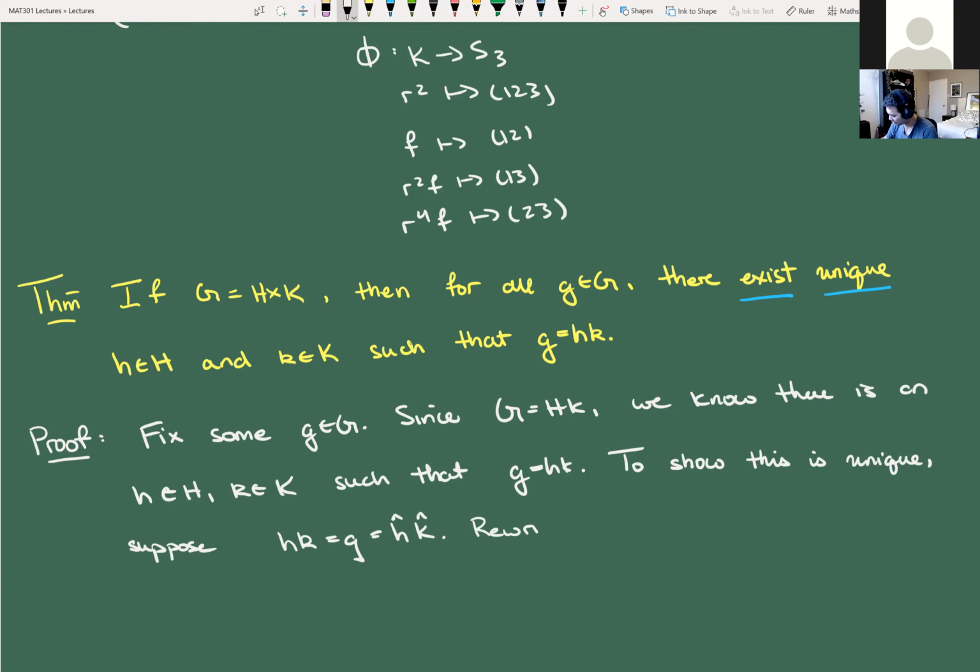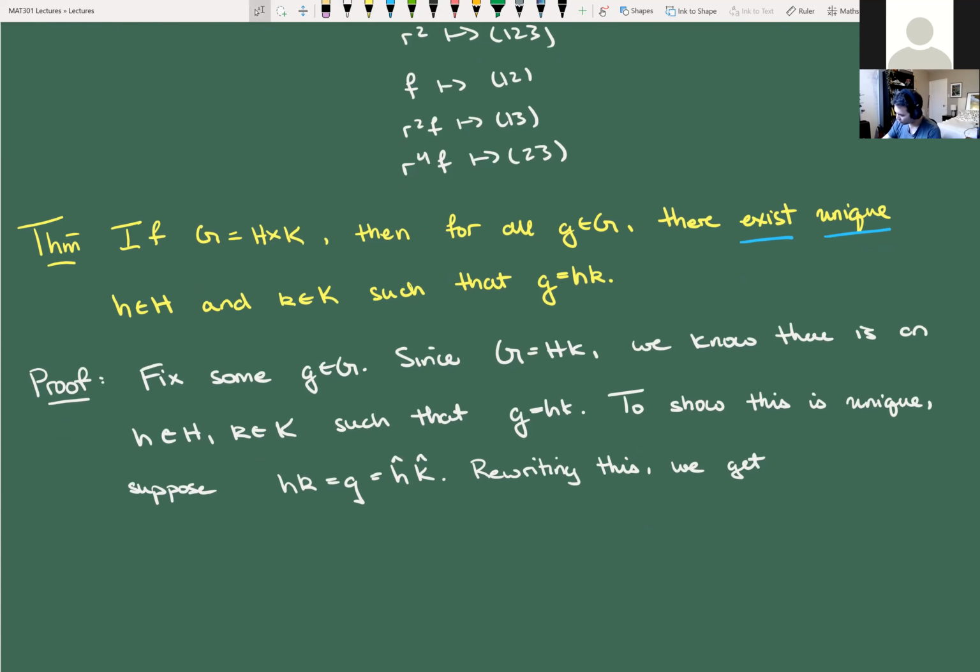So rewriting this, I'm ignoring the g in between. I'm just going to look at these two things and put all the h's on one side. Well, let's try to use the inverses as little as possible. I can't avoid it. h hat inverse h is equal to, putting that on the right, k hat k inverse.